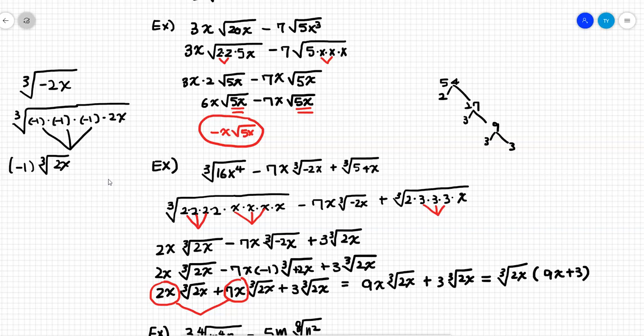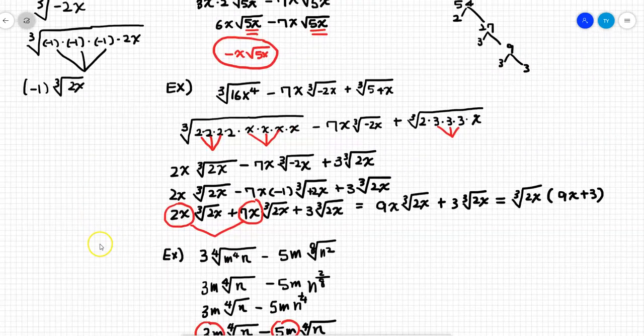Once you take out the 2 to the front and x to the front, you get 6x square root of 5x minus 7x square root of 5x. Now you have the same radicand, so you should be able to combine the quantities in the front. So you have 6x minus 7x, which gives minus x square root of 5x.